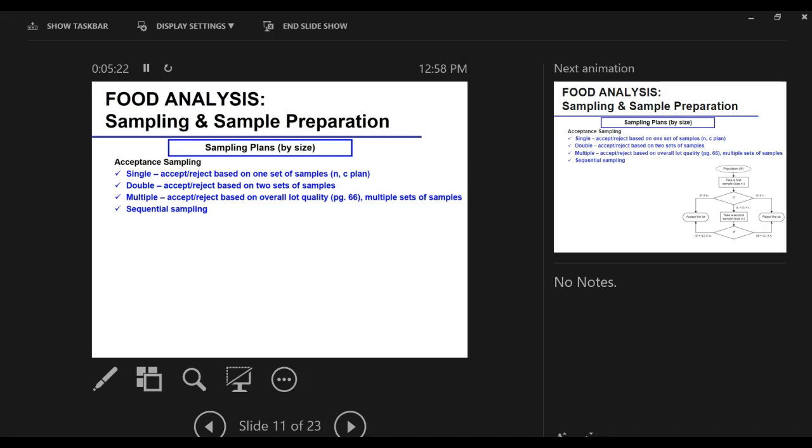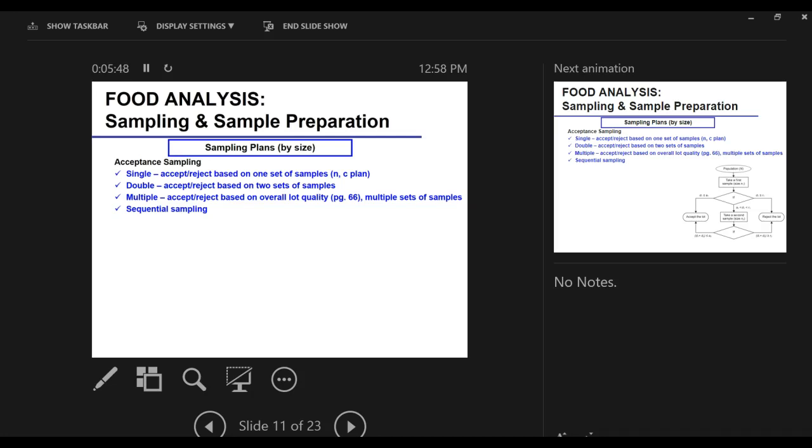Double sampling means you take 2 sets of samples, set 1 and set 2, and then you look at the number of defects, and based on the number of defects in the 2 sets of samples, you determine whether to accept or reject. Multiple is an extension of double, so you take multiple sets of samples, and then based on the number of defects, you accept or reject.